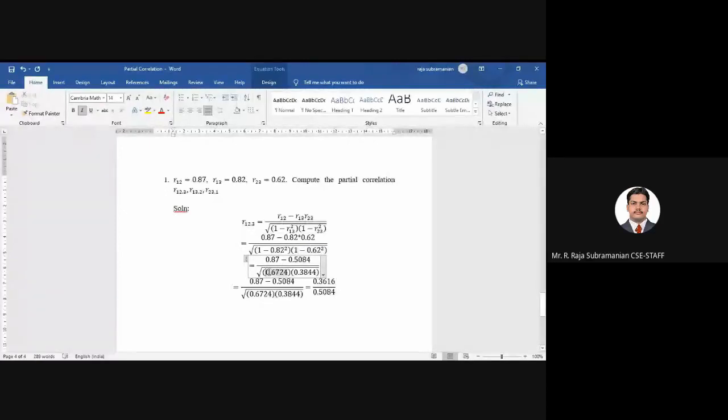I just took 0.82 squared, and I need to take 1 minus this. 1 minus 0.6724 is 0.3276, and 1 minus 0.3844 is 0.6156.